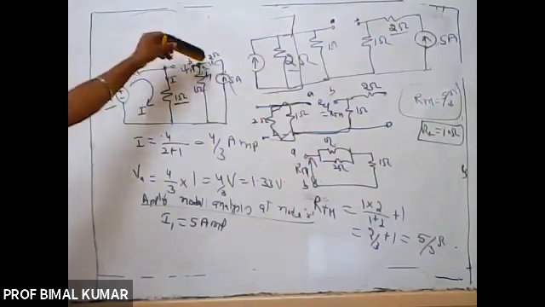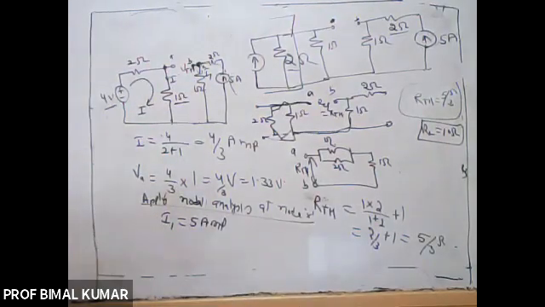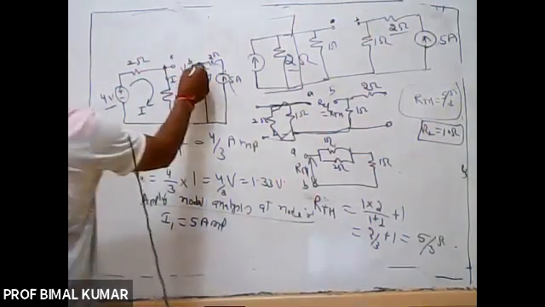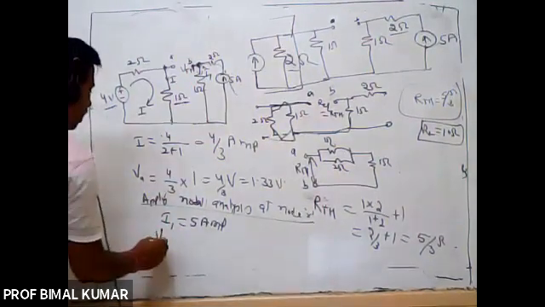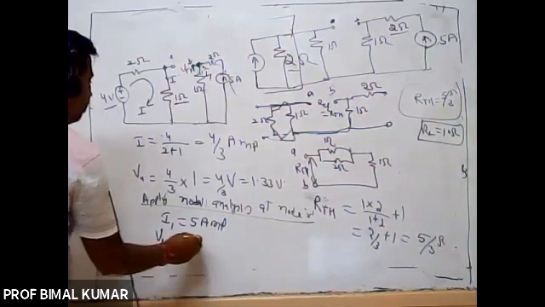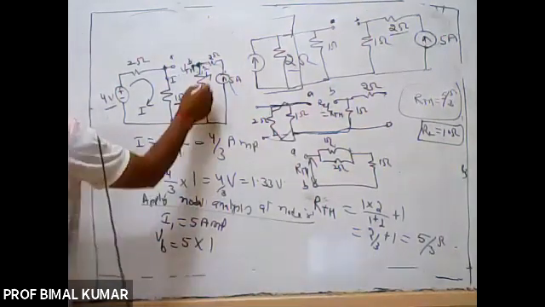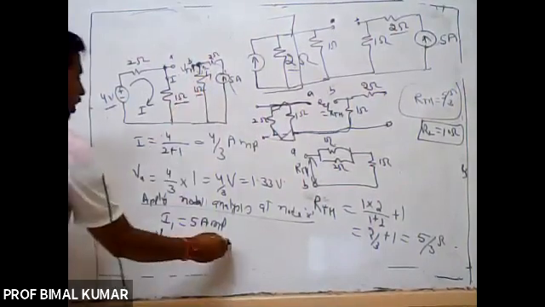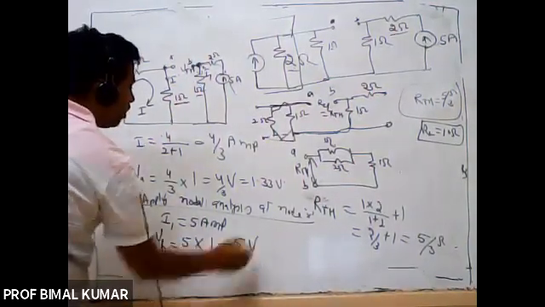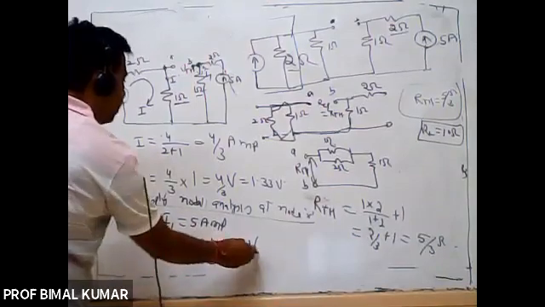So in the 1 ohm resistance, 5 ampere of current will be flowing, and across this our voltage is VB. So VB is equal to 5 into 1, I into R. I is 5 ampere and R is 1 ohm, so VB is equal to 5 volt.